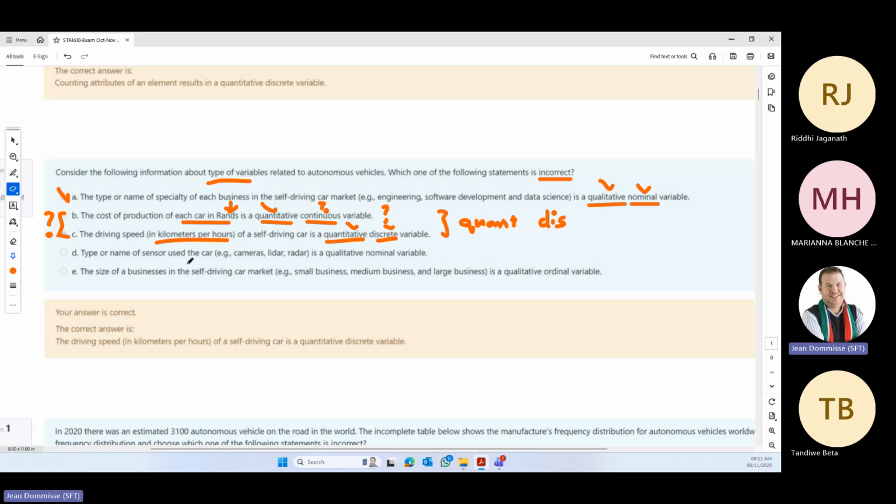Type or name of sensor used: camera, LiDAR, radar. Qualitative, yes. Nominal, yes, because there's no order. Size of business, again qualitative, there is order. So those two are definitely correct.